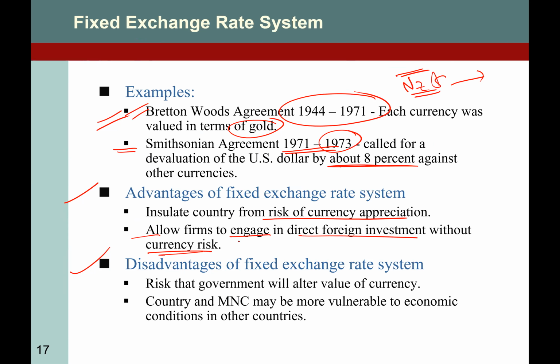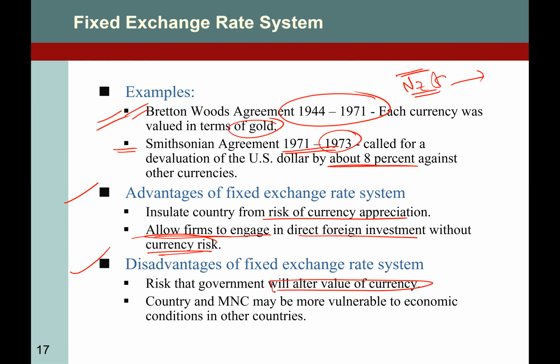If you want to open a factory, or invest in the stock market of other countries, we already know that whatever the profit is, we can convert that profit into our home currency, and that is already planned, right? So there is no uncertainty about currency risk. The disadvantage is that it is at the decree of the government.